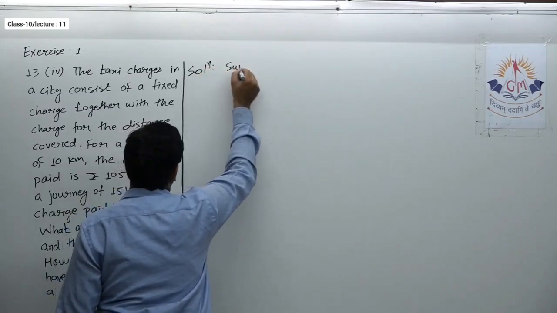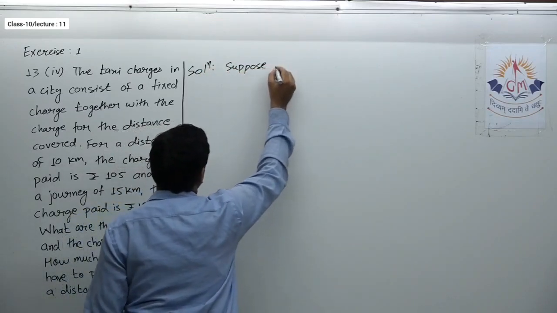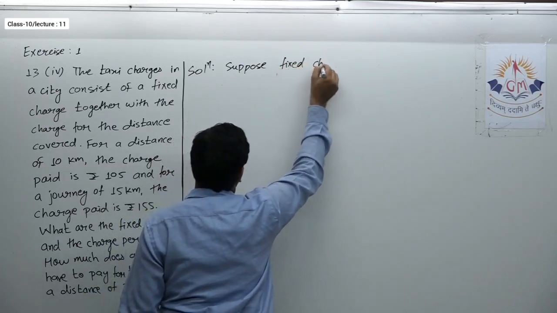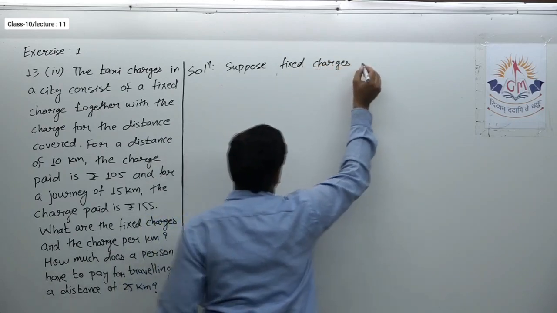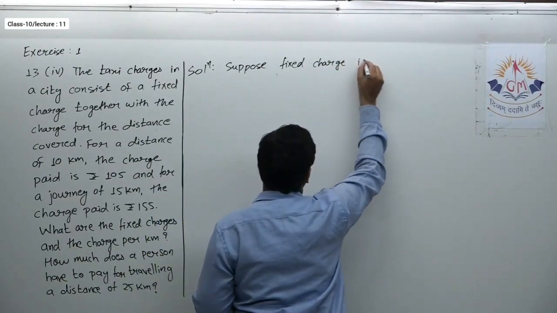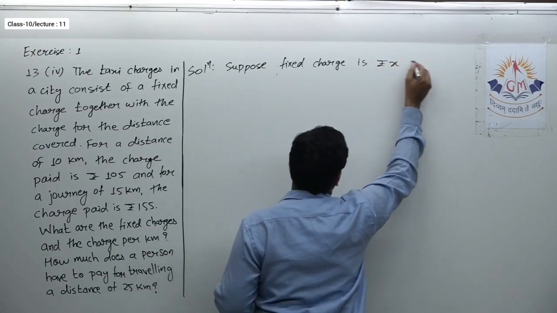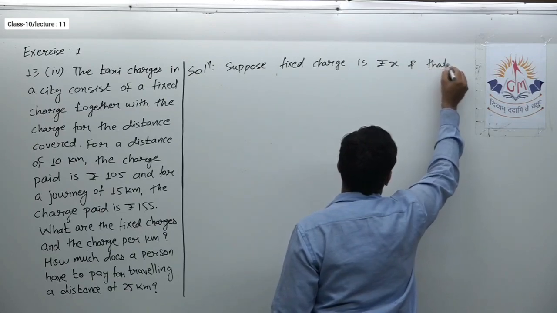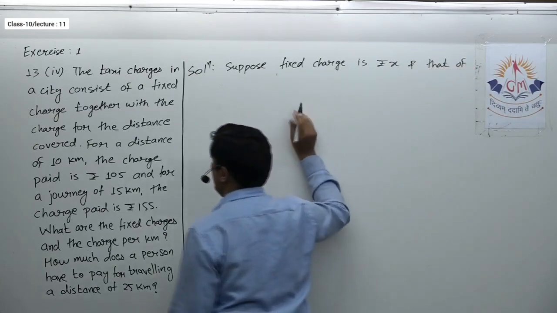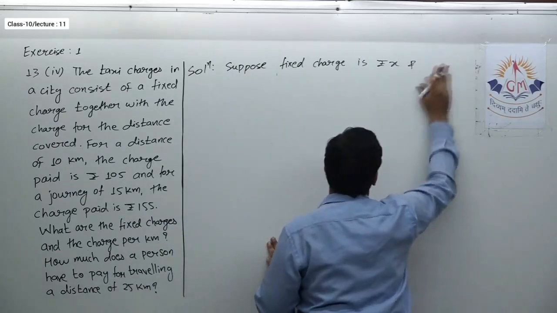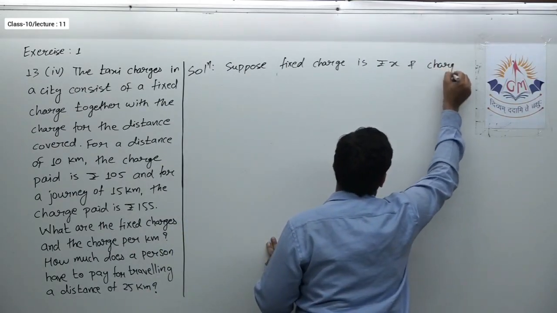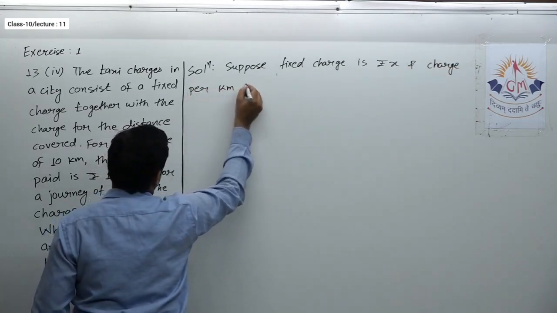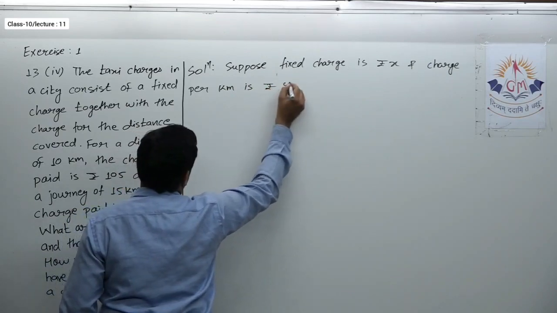So let us see, suppose the fixed charge is rupees x and the charge per kilometer is rupees y.